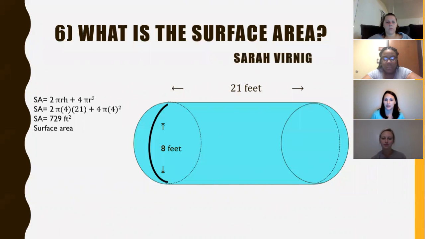To get the radius, we simply halve that, so it would be 4. Our height stays the same, 21 feet. So we have 2 times pi times 4 times 21 plus 4 times pi times 4 squared. When we put that in the calculator, we get an answer of 729 feet squared for the surface area of this shape.